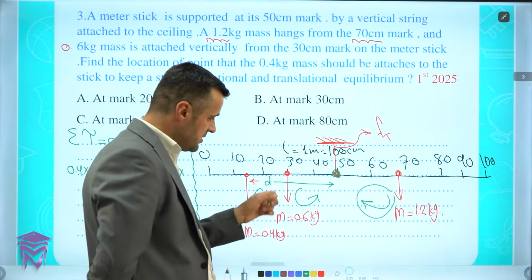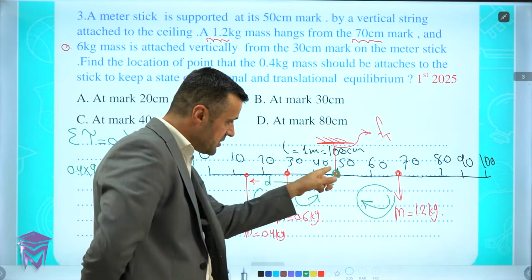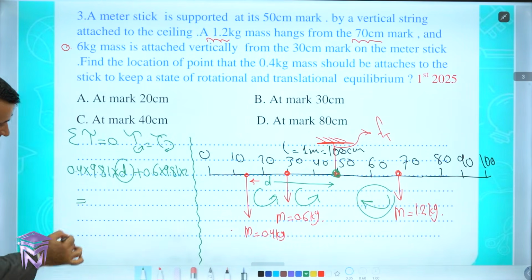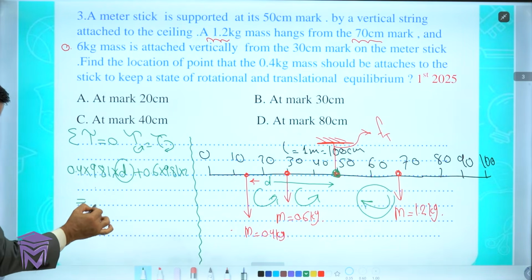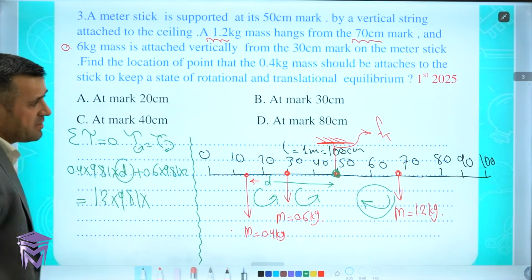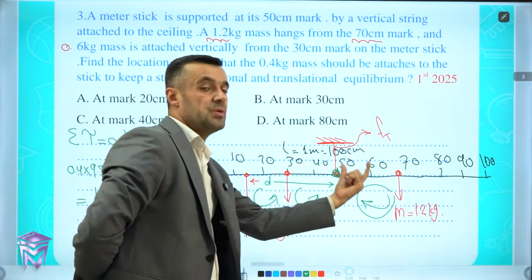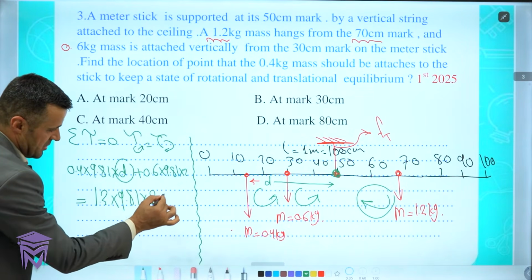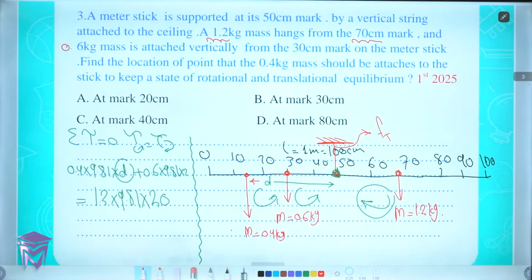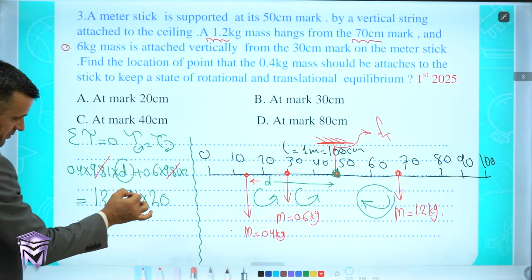The distance between the second mass and the axis of rotation is 20 centimeter. Equal to the first mass, 1.2 kilogram times 9.81 times the distance between the first mass and the axis of rotation, which is 20 centimeter. 9.81 cancels with 9.81.